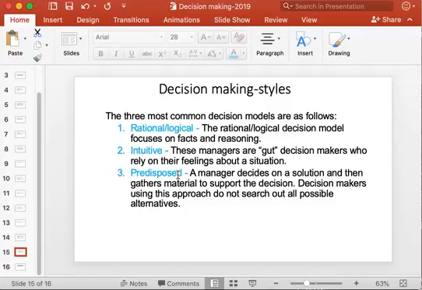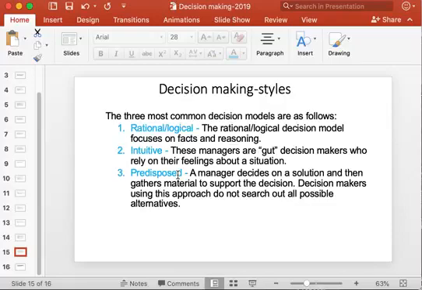Now, moving on to the decision making styles. There are three most common decision making styles or models. Number one, rational or logical decision making style, intuitive decision making style, and predisposed decision making style. In the rational or logical decision making style, the managers focus on facts and reasoning.